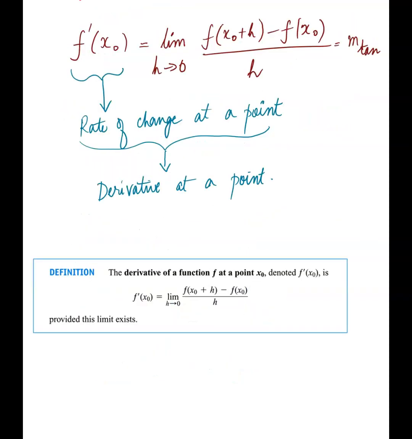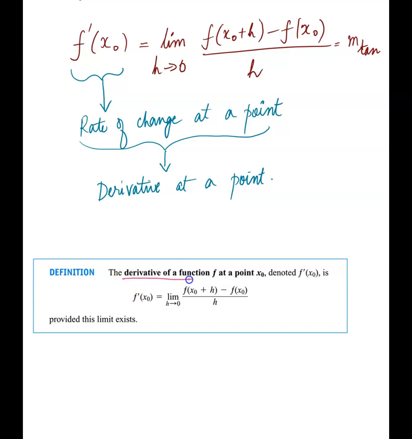First off, I have provided a proper, formal definition. So let me read that so we can have that language ingrained. We're going to use this a lot. The derivative of a function f at a point x naught is denoted by f prime of x naught, and it is the limit of the difference quotient, provided this limit exists. I want you to pay attention to the language here.